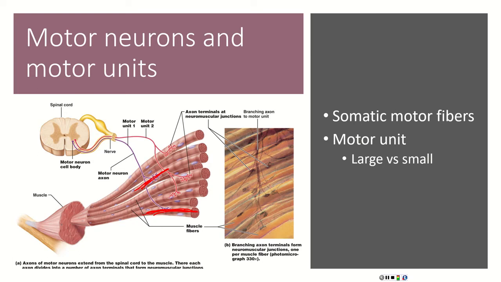Okay, so now we're seeing different neurons will synapse with different muscle cells. And when a neuron sends an action potential to a muscle cell, ultimately we get a contraction in that muscle cell.